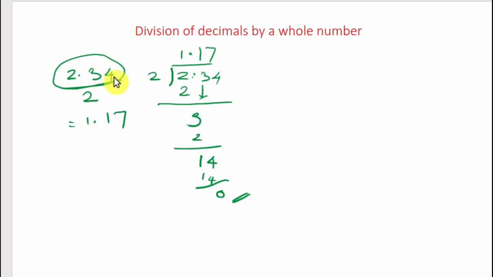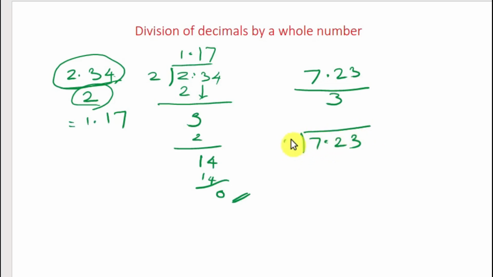Division of decimals by a whole number. 2 is a whole number. See, let me do one more. 7.23 by 3. So I told you the decimal is the numerator, I'm putting inside, and the divisor is a whole number 3, I'm putting outside. So how many times? 2 times 6, 7 minus 6, 1.